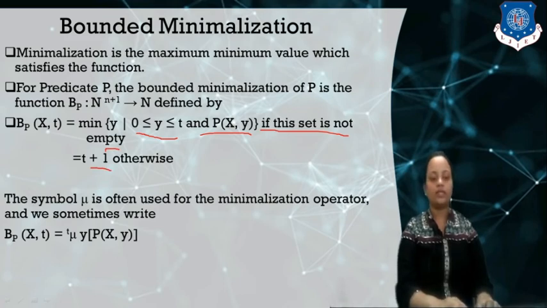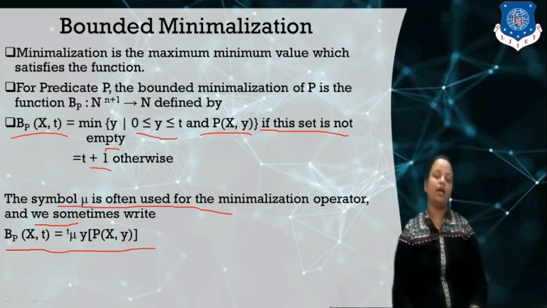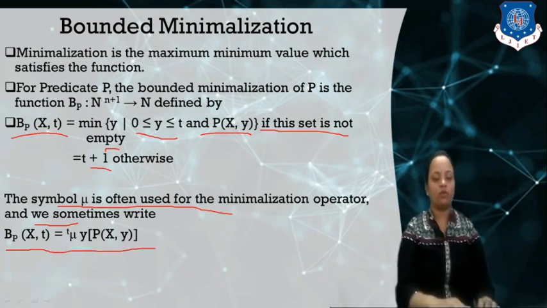Now you can see this symbol is often used to define the minimalization operator, and we can sometimes write this statement likewise, like bP(x, t), and define this term like this.